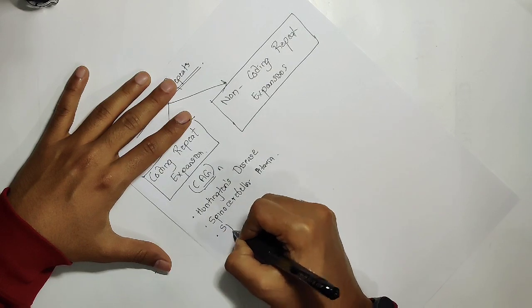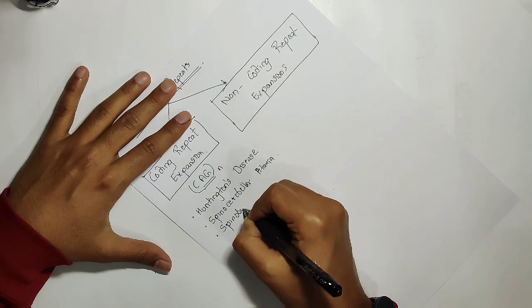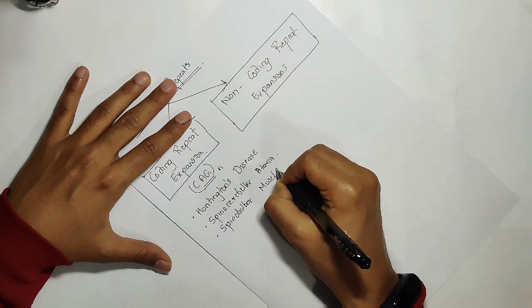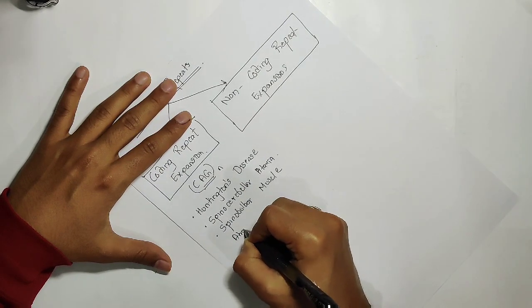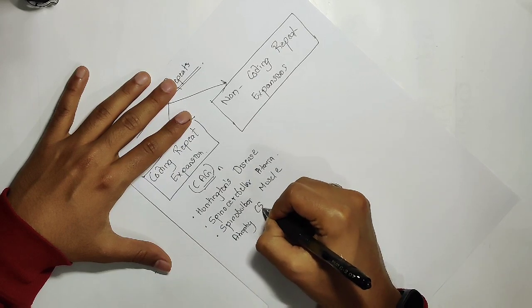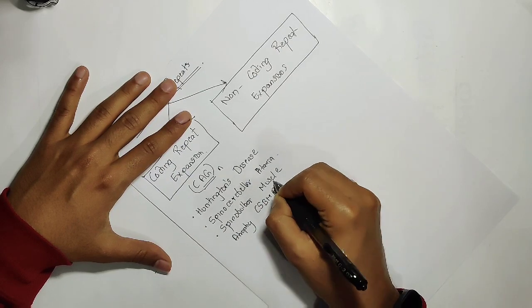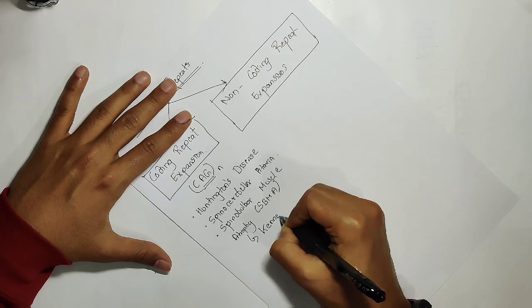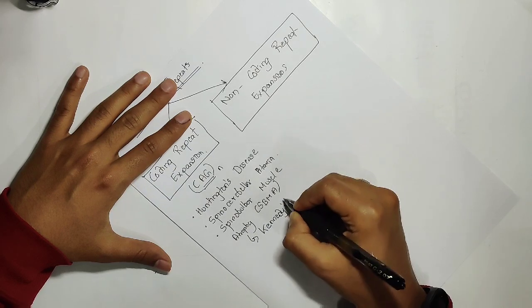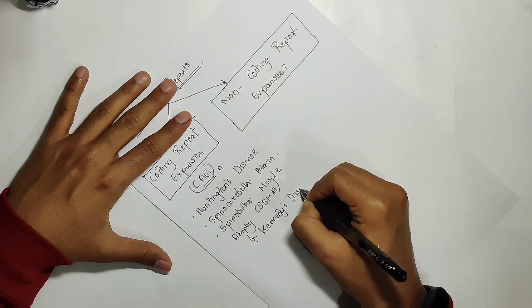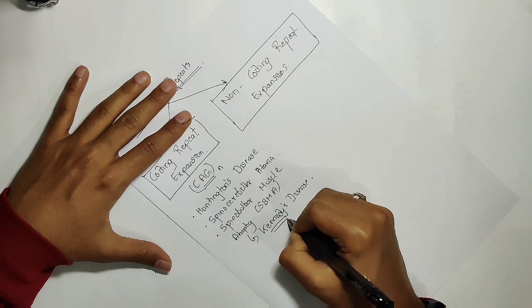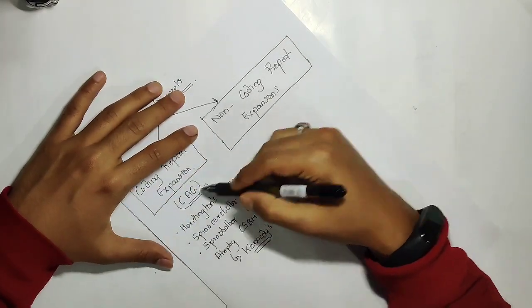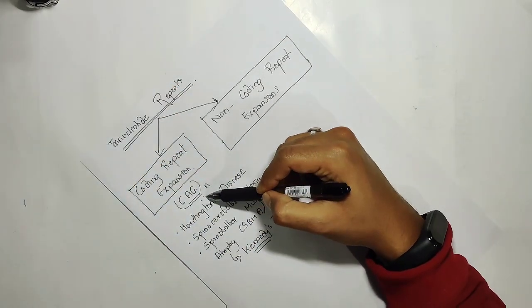And then we have spinal bulbar muscle atrophy, or SBMA, also known as Kennedy's disease. This will be helpful in remembering the mnemonic. All of these have CAG trinucleotide repeat.